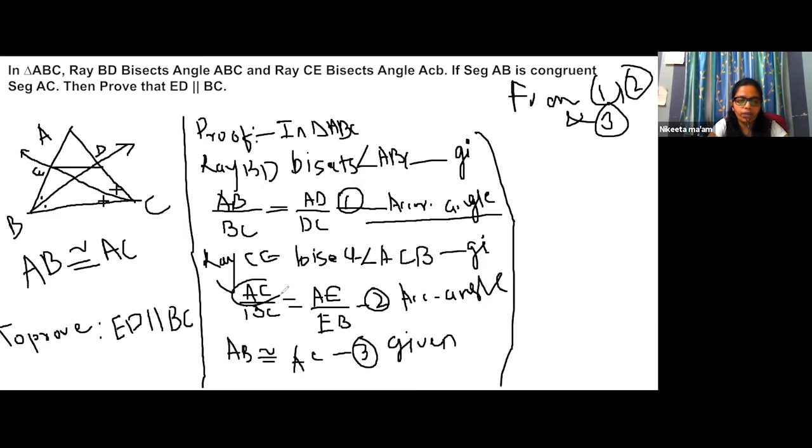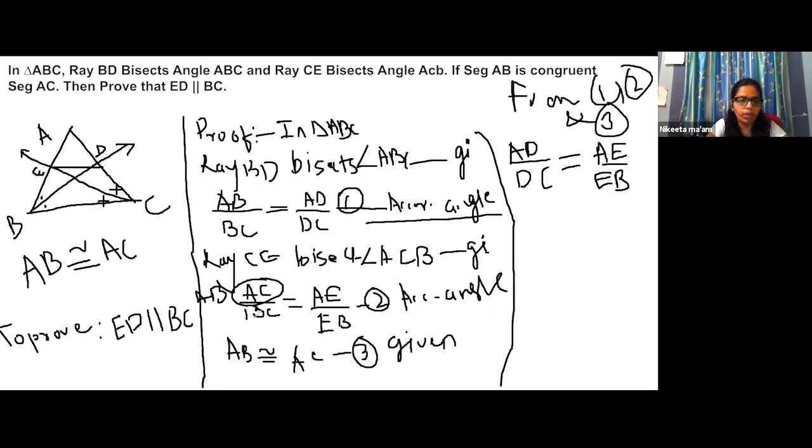So instead of AB, if I write AC over here, don't you feel these two are equal? If these two are equal, that means AD upon DC is equal to AE upon EB. Yes, from 1, 2 and 3, because these two are equal.